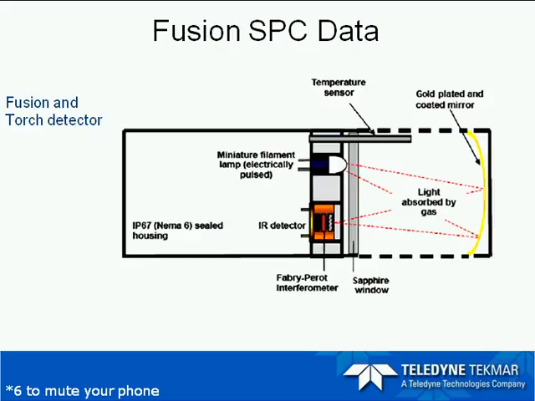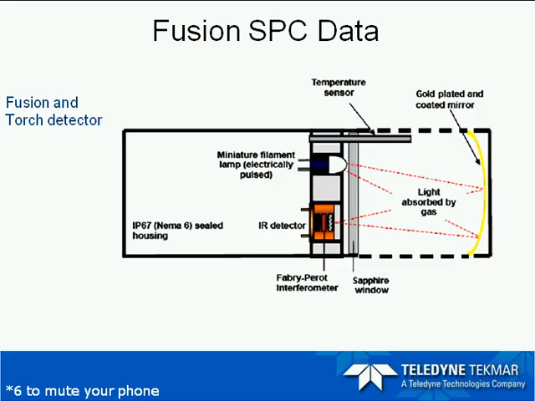Now let's take a look at what's going on inside the fusion and torch detector. As you can see, this is much different than the flow-through cell detector. You again have an IR source, you have a gold-plated mirror, and you have a sample cell, as you can see where it says light absorbed by gas. You have a sapphire window.